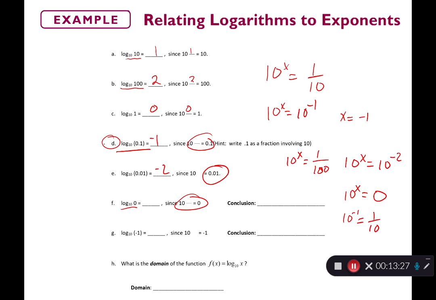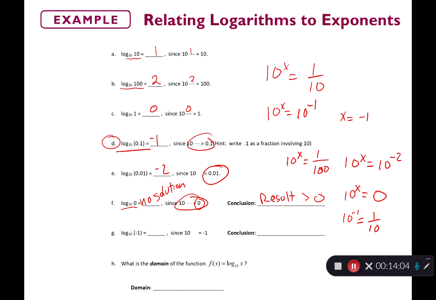And if I put in 10 to the negative 2, I would get 1/100th. So is there a number that I could put in my exponent that will yield me 0? The answer is no. So there is no solution to this problem. And remember, we talked earlier, our result, in this case x, has to be greater than 0.